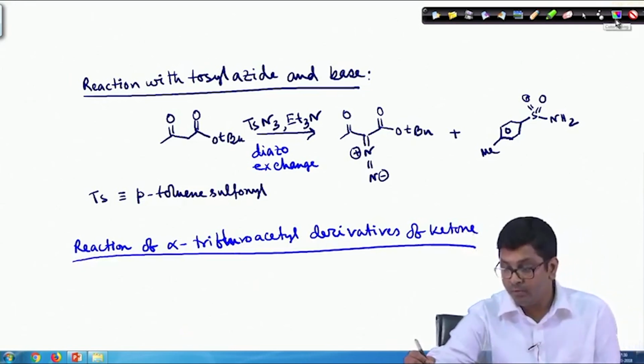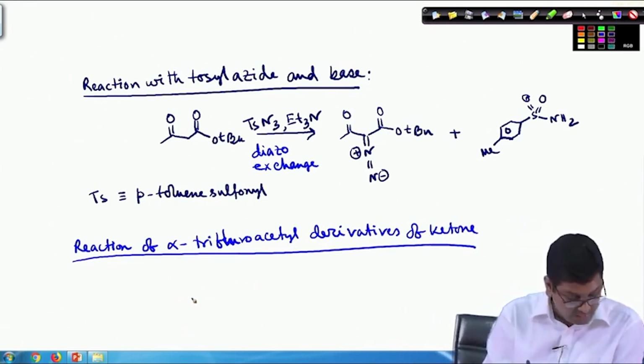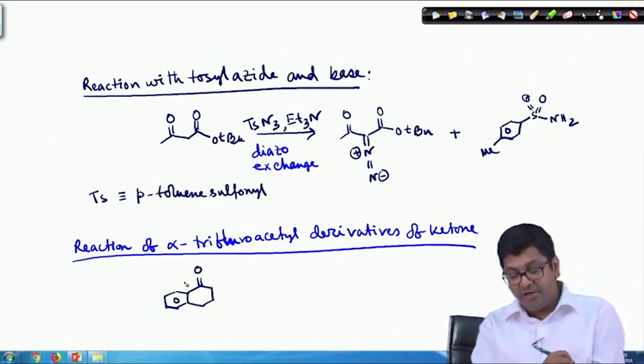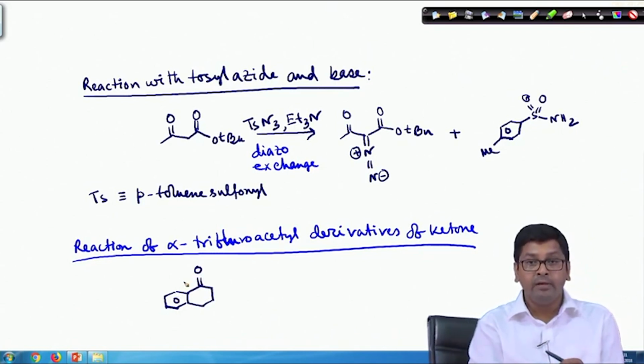So, for example, we can take the corresponding ketones. Okay.